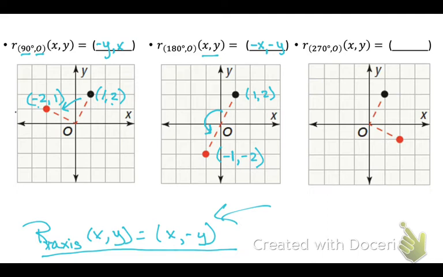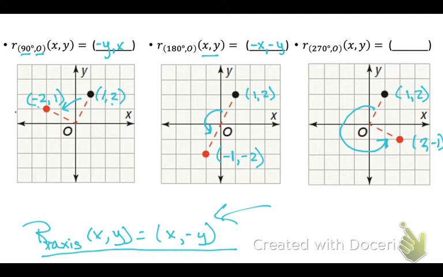So this one goes all the way around here, doesn't it? Wait, how did you get negative 1?